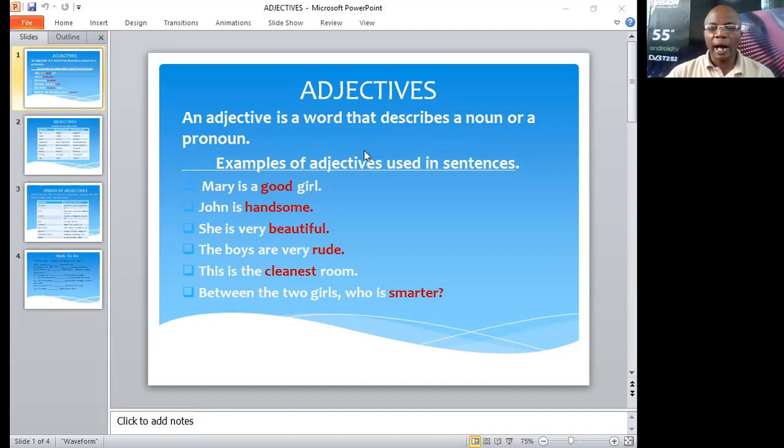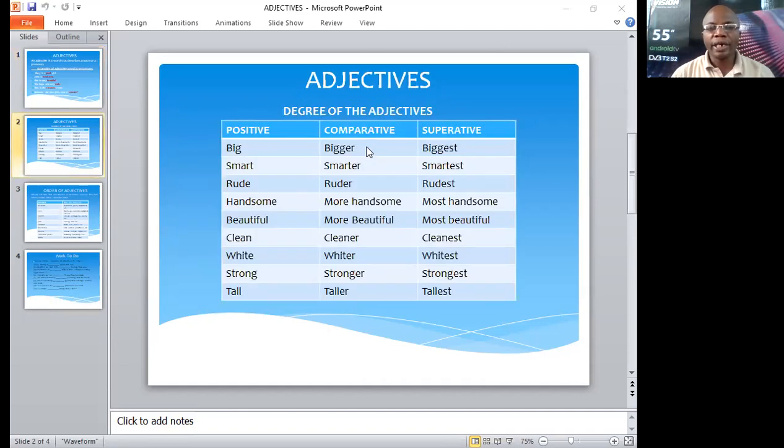We move on now to what we call degrees of the adjective. We have 3 degrees of the adjective. 1, we have the positive degree. 2, we have the comparative degree. And 3, we have the superlative degree. Now, look at me.